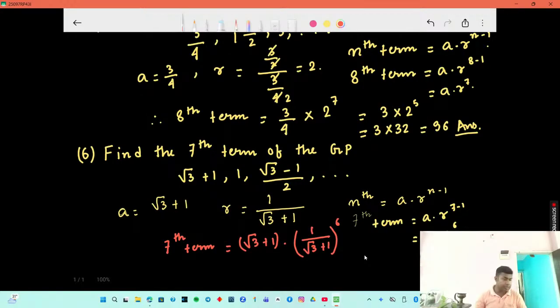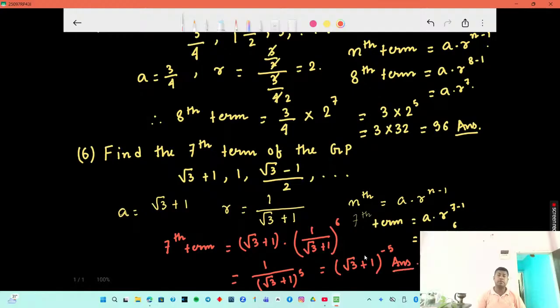So here the answer will come as 1 by root over 3 plus 1 to the power 5, which equals root over 3 plus 1 whole to the power minus 5.